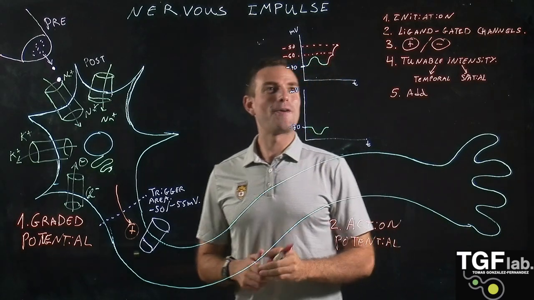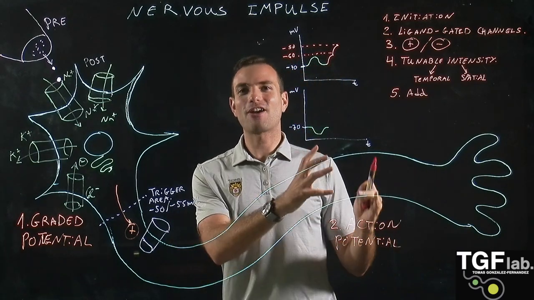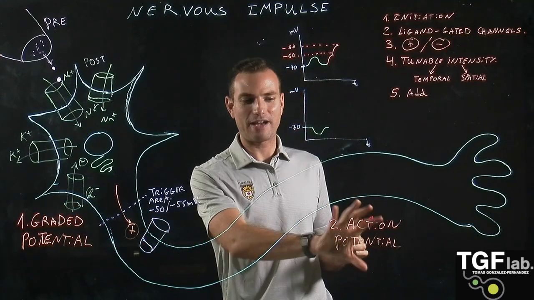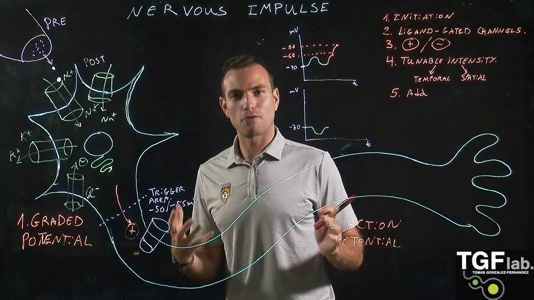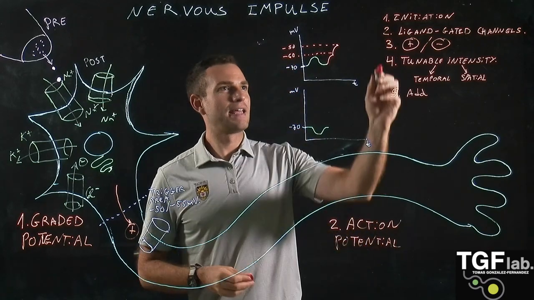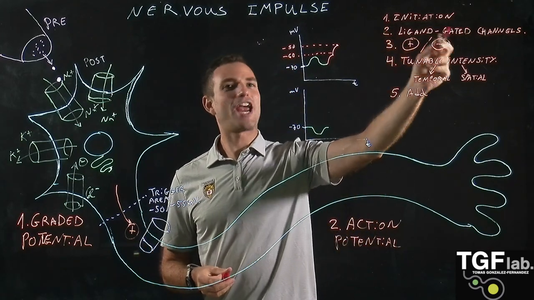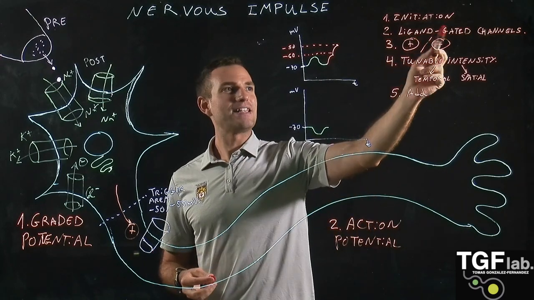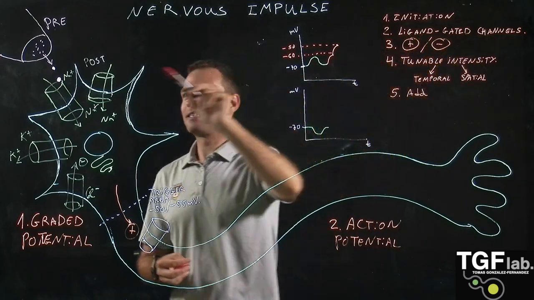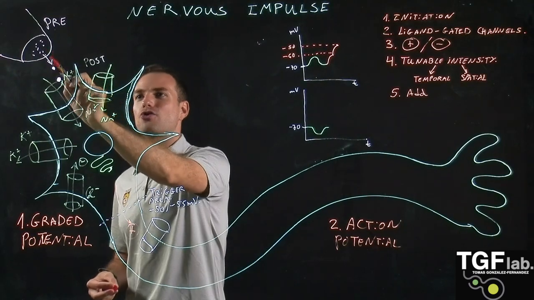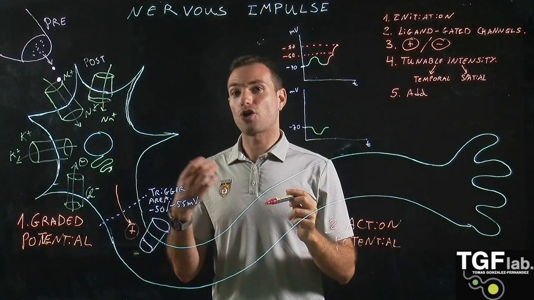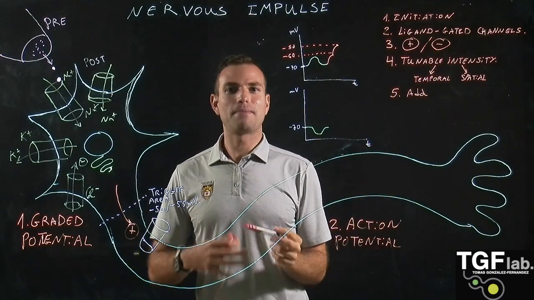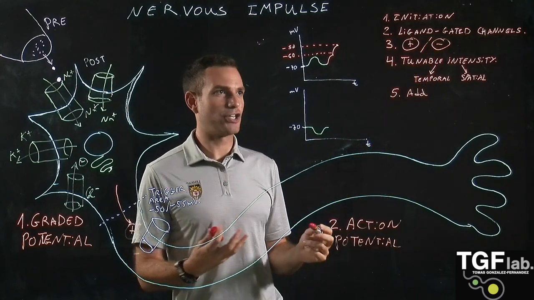Again, we have different characteristics of the graded potential, and some of these are different from the action potential, so we are going to compare them. Most important, the graded potential is the initiation of the nervous impulse in the neuron. Second, it depends on ligand-gated channels, which bind to the neurotransmitters and activate the channels. It can be positive or negative, so it can be depolarization or hyperpolarization.